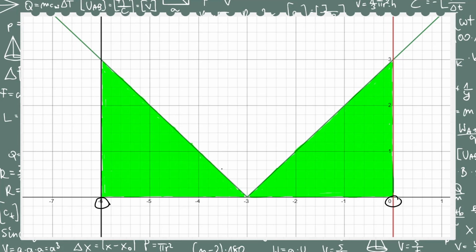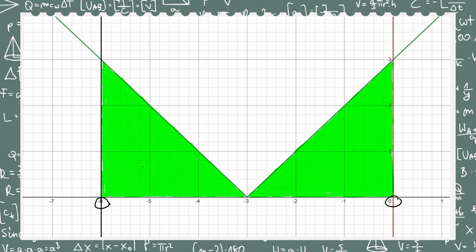And as you can see, these are two different triangles. We need to find the area of two triangles and add them together. But here we can see something. Both the triangles have the same base and same height. Base is 3 and height is 3 for both of them.